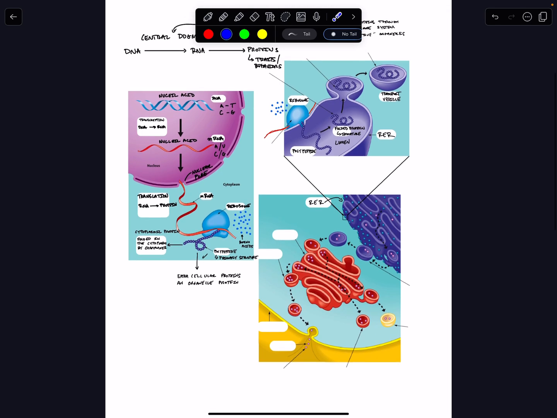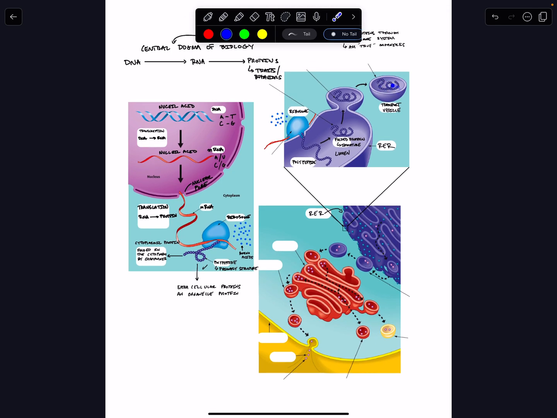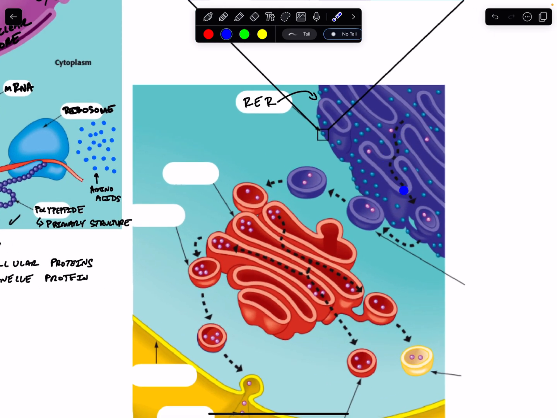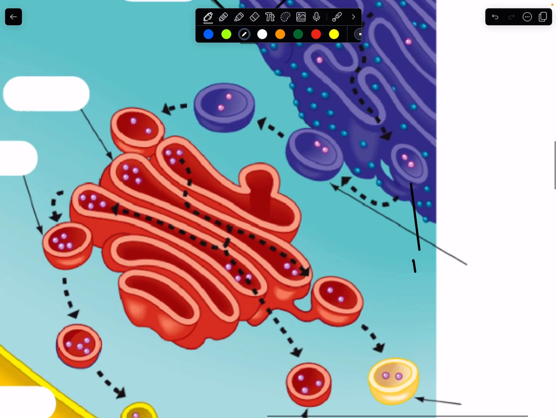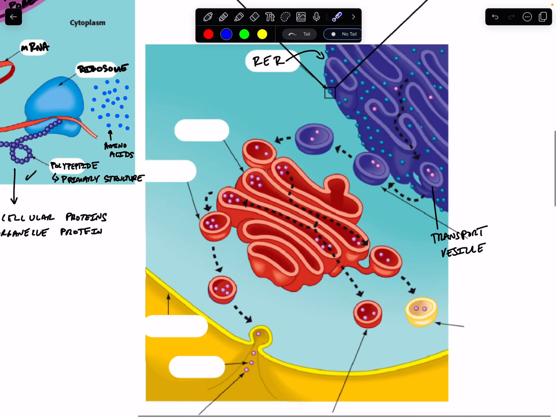Imagine that our protein has somehow changed color from purple to pink. So here, a piece of the rough endoplasmic reticulum has pinched off. Here we have our transport vesicle, and the transport vesicle is going to take this immature protein and bring it to the Golgi body.